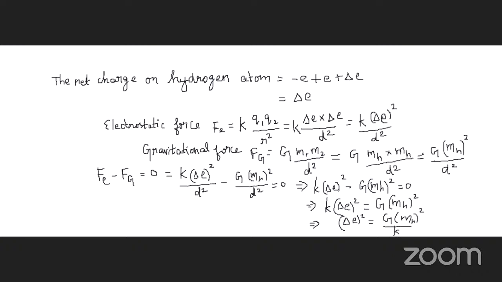Now what you have to do is apply the values of G, K and MH. G is the gravitational constant, you all know very well, and K is the constant which we use in Coulomb's formula, that is 9 into 10 power 9. Let me move on to the next page. So here delta E whole squared is equal to G into MH square.